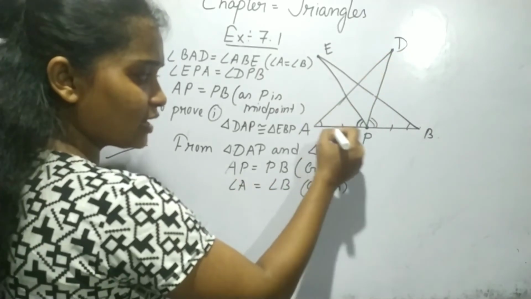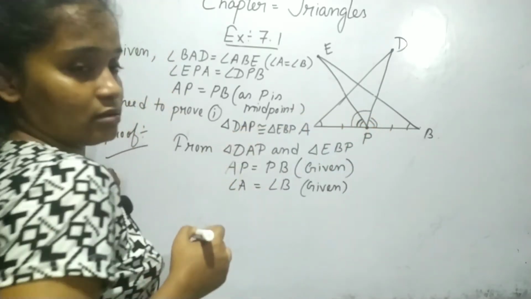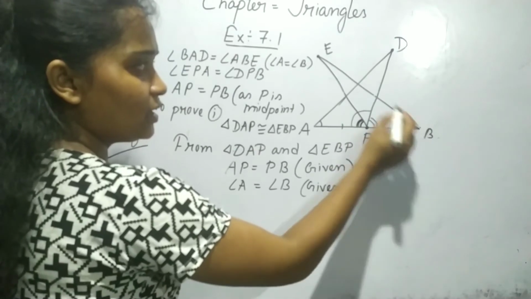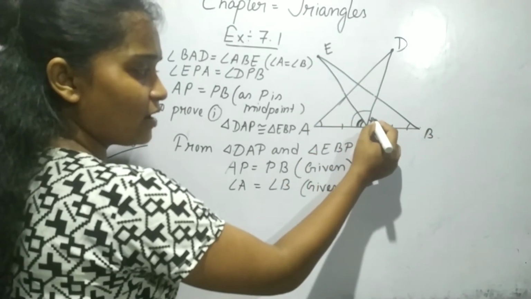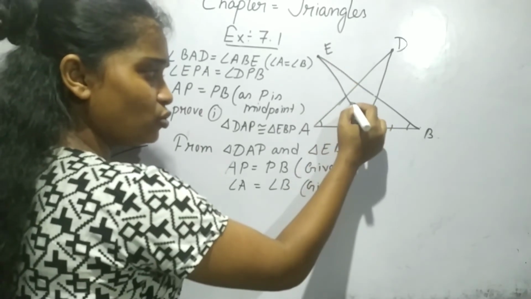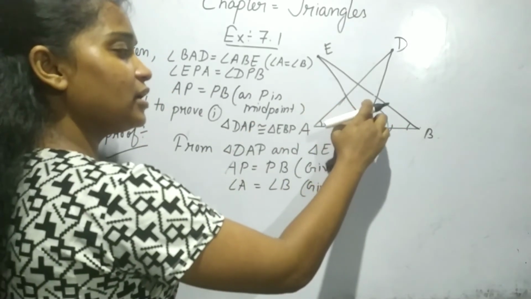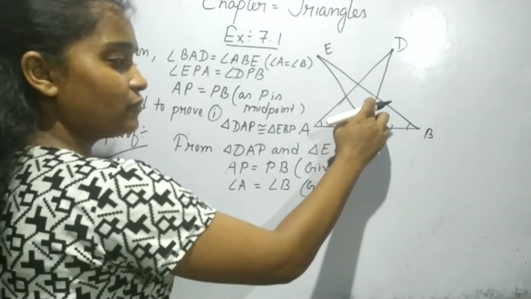If you are taking this angle in this triangle, then you need this whole angle, but it is only half. And in triangle PBE, this triangle also I am taking, and here also only half is coming. If I need this angle, then I have to include all this part. That means again it is creating a problem. It is coming half.